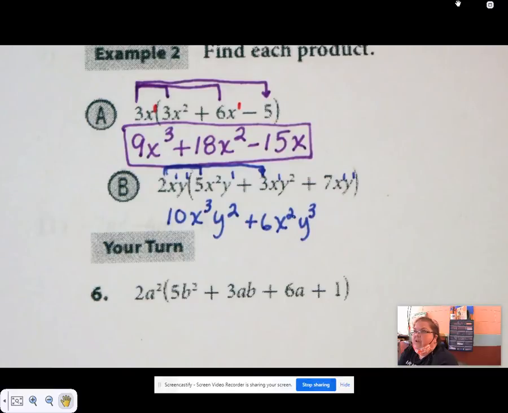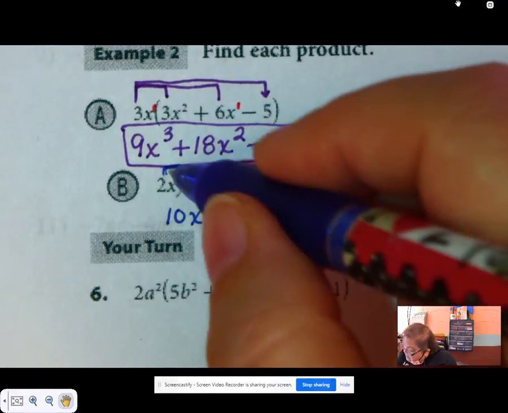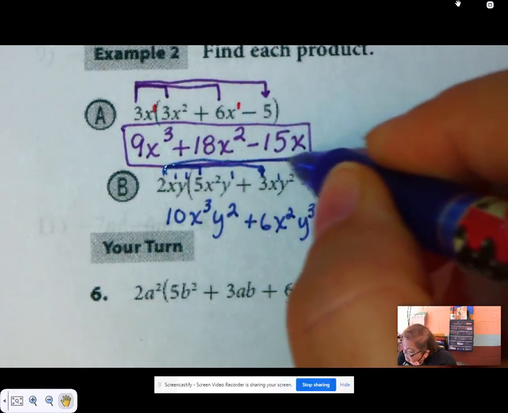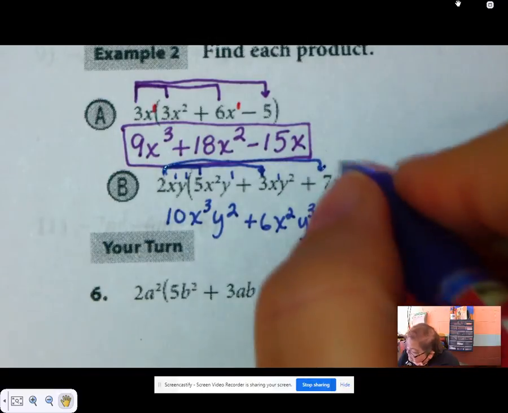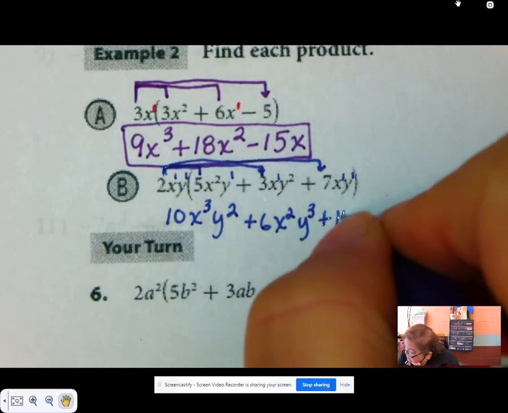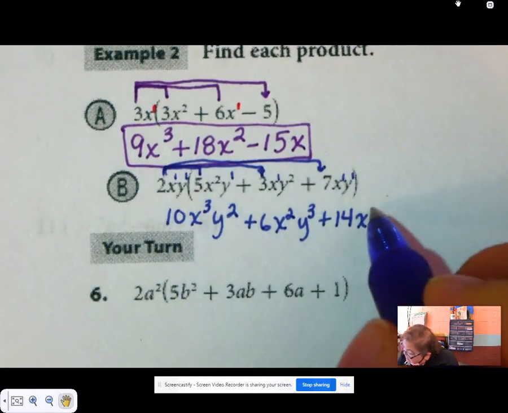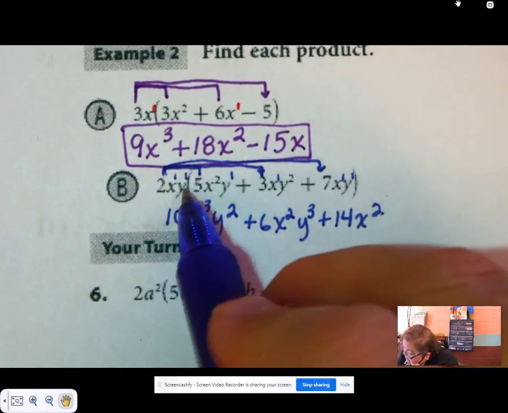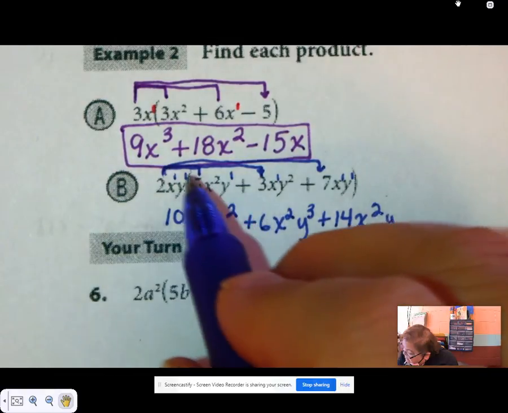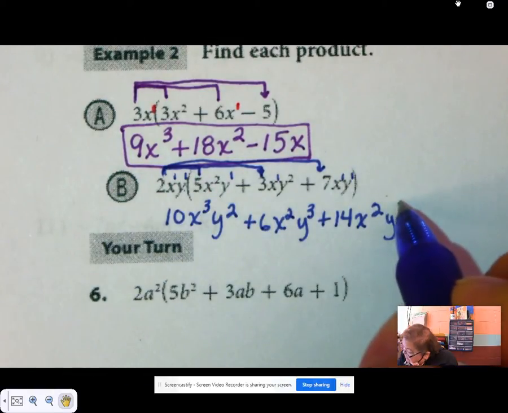This takes focus. You just got to focus. Okay. 2 times a positive 7 is a positive 14. X to the 1 plus 1 is 2. Y to the 1 plus 1 is 2.